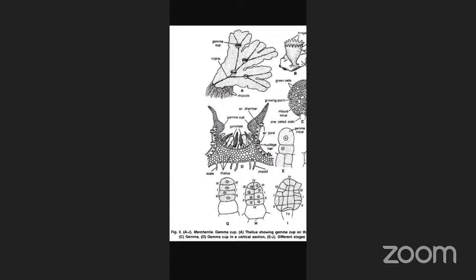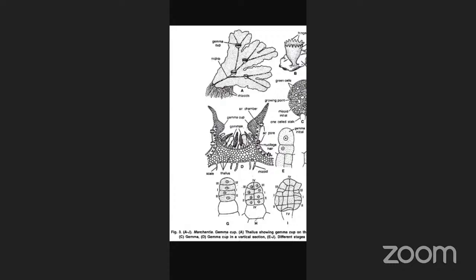The gemma is a dumbbell-shaped structure with a unicellular small stalk. The cells of the gemma contain some chlorophyll, and some cells have oil bodies; mucilage cavities and some rhizoid cells are also present. Inside the gemma cup there are also assimilatory filaments.